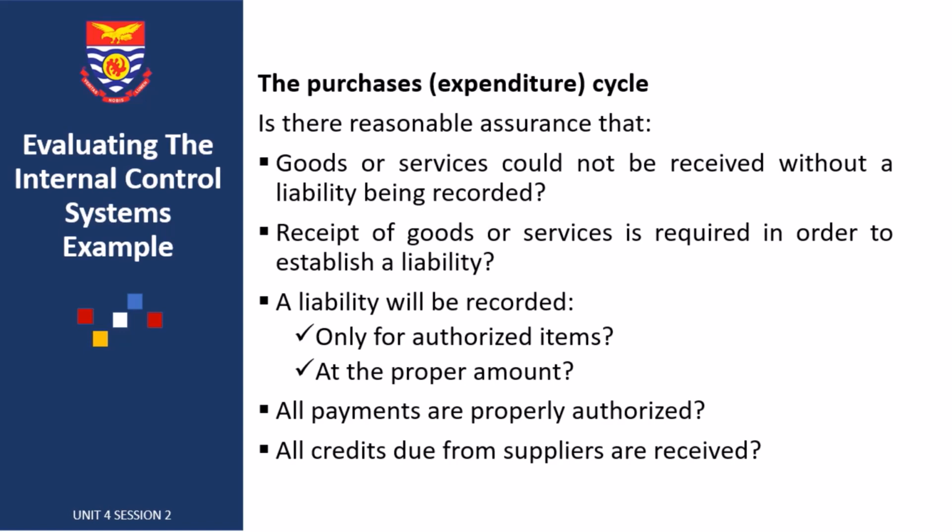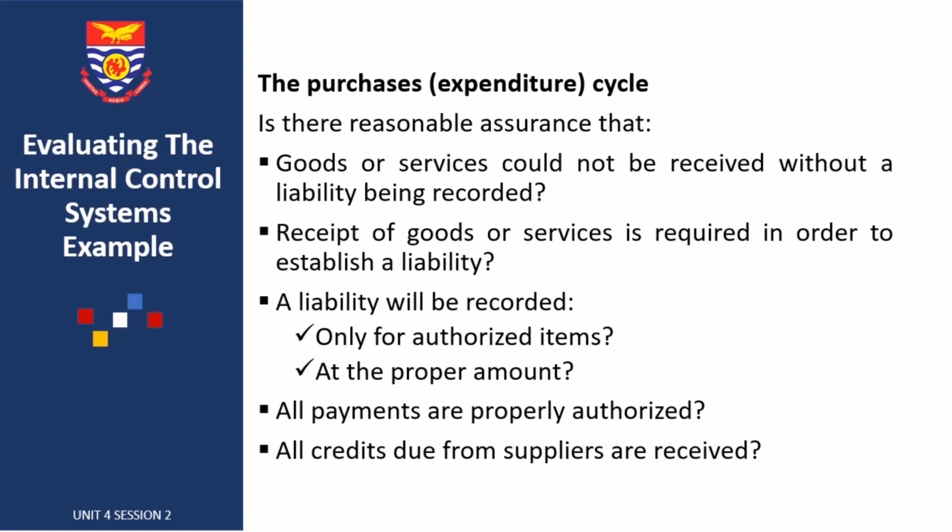In the purchase expenditure cycle, there is reasonable assurance that goods or services could not be received without a liability being recorded. There's a possibility that goods would be received without a liability being recorded, so there are control procedures there. Then you have to ensure that the receipt of those goods or services is required in order to establish a liability.